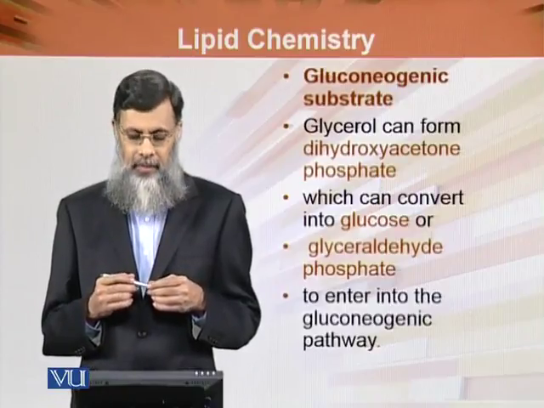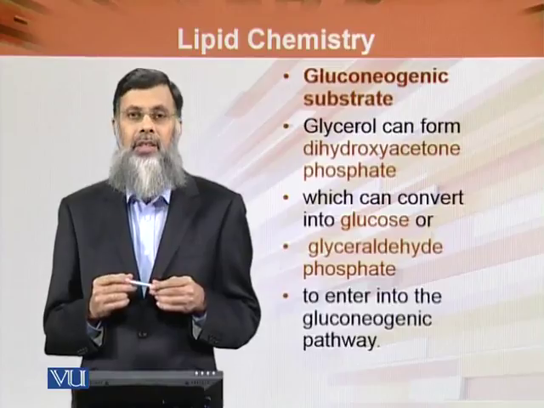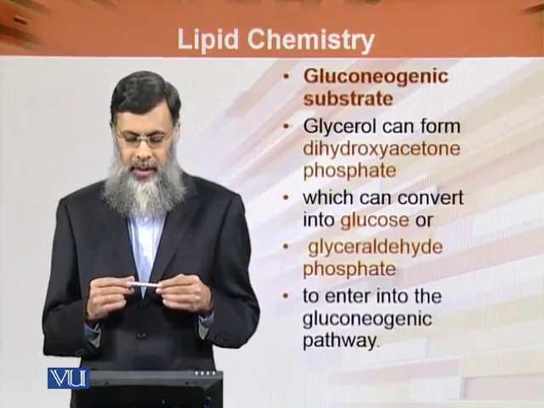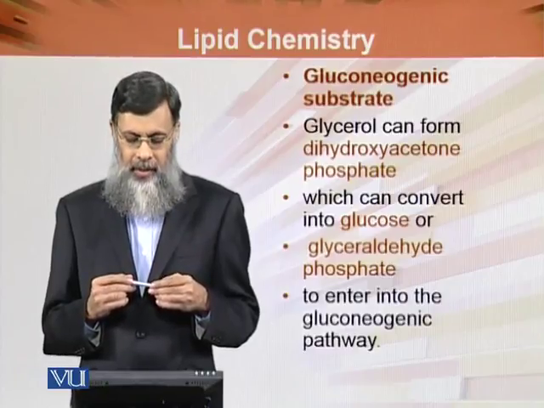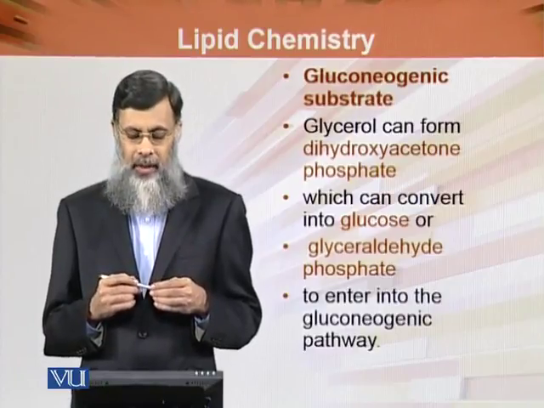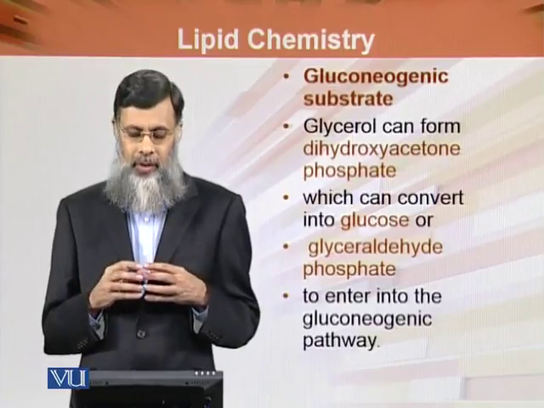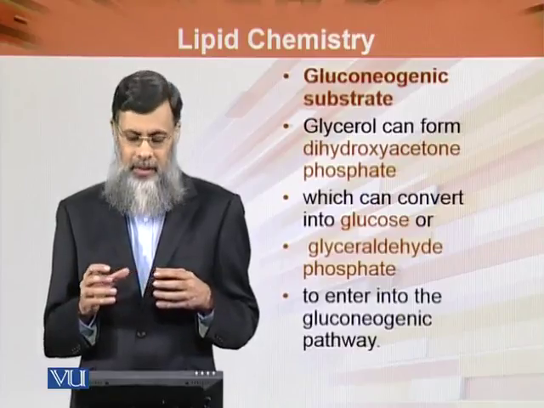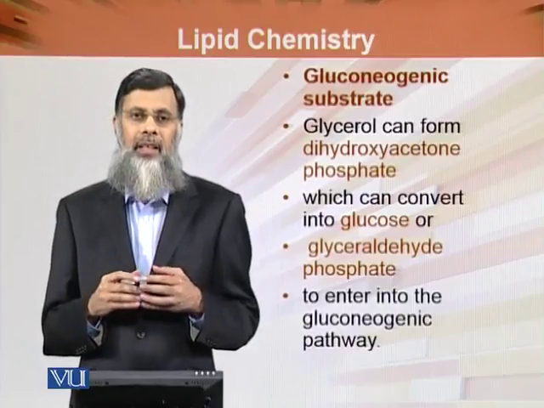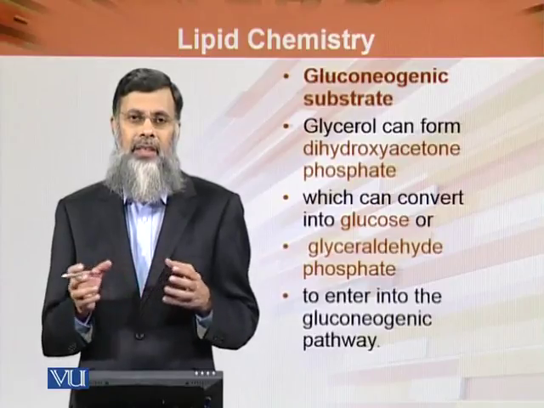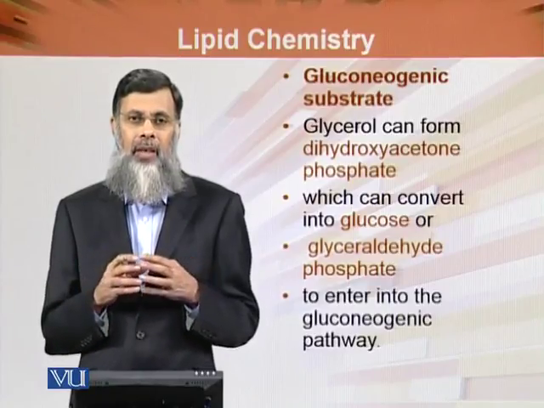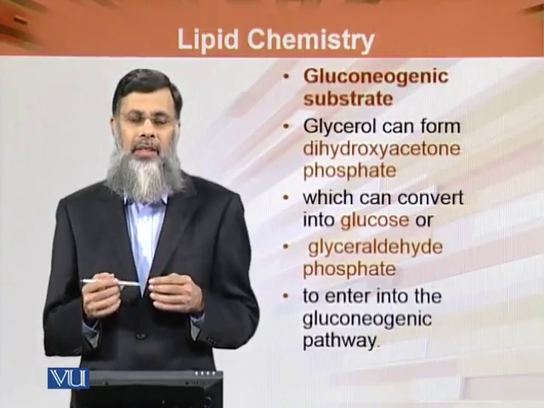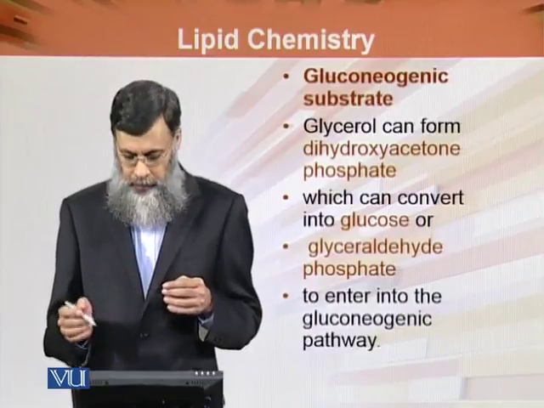Gluconeogenic substrate. Glycerol can form dihydroxyacetone phosphate, which can convert into glucose, or glyceraldehyde 3 phosphate, to enter the gluconeogenic pathway. Glyceraldehyde 3 phosphate and dihydroxyacetone phosphate are interconvertible in glycolysis, and in gluconeogenesis it will form glucose.